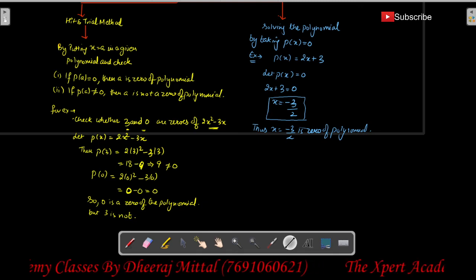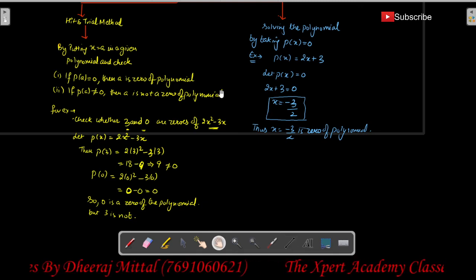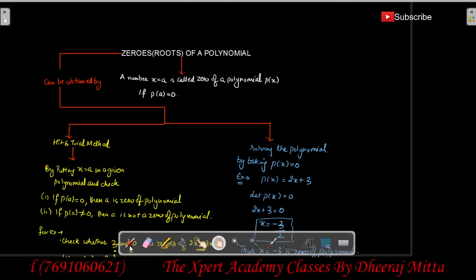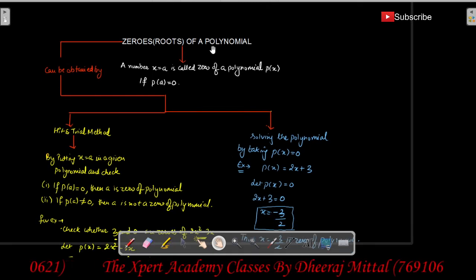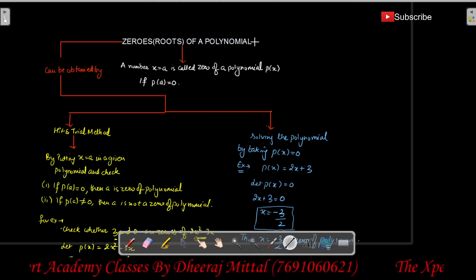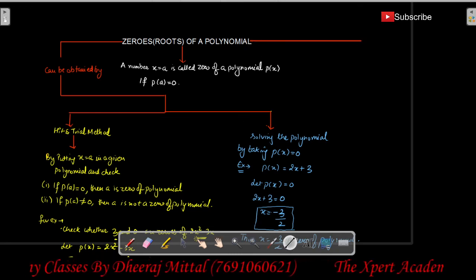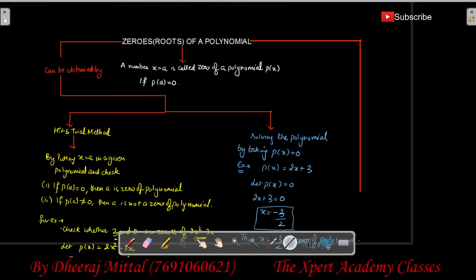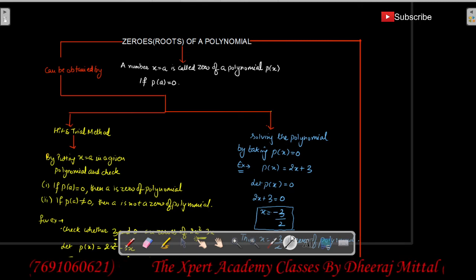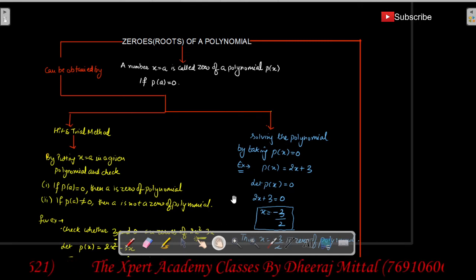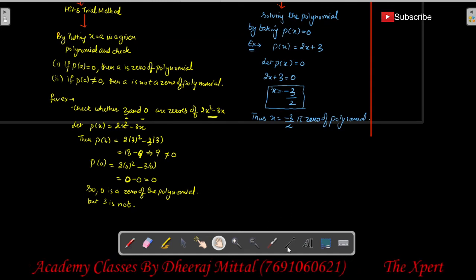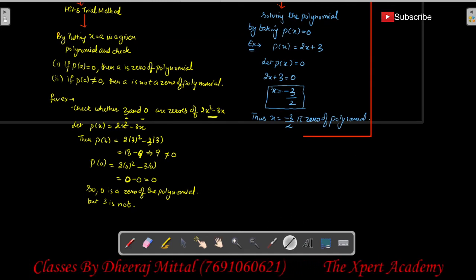Now let's discuss some properties of the zeros of polynomial. Let's come downward and write the properties of the zeros of polynomial.